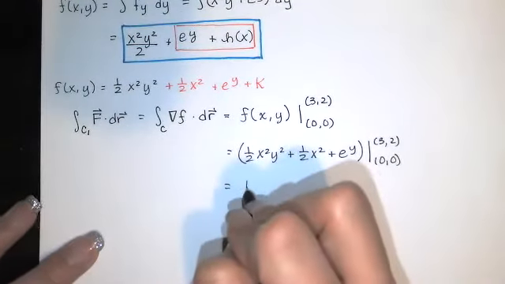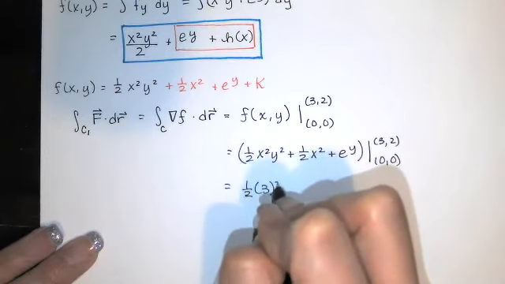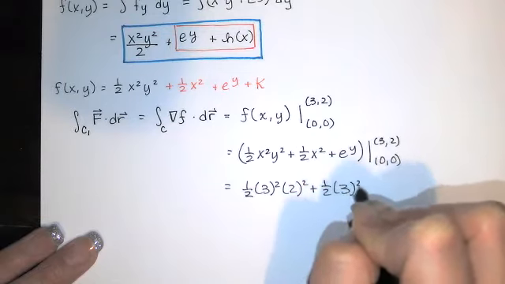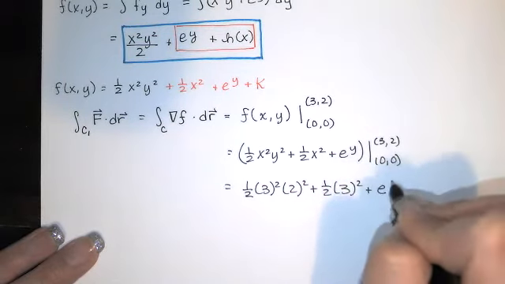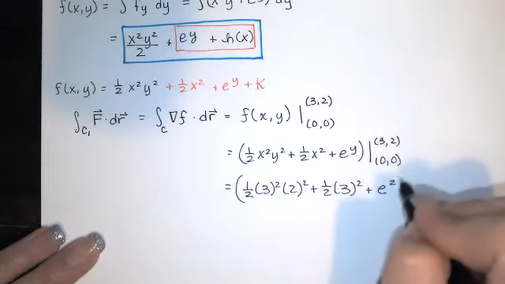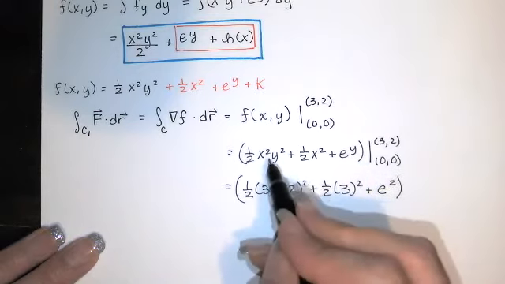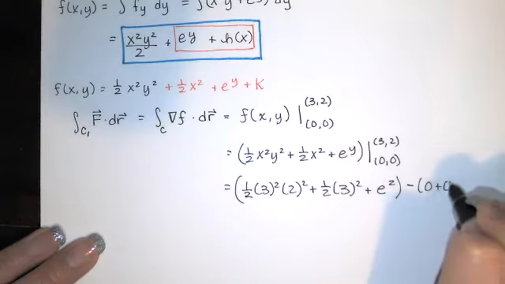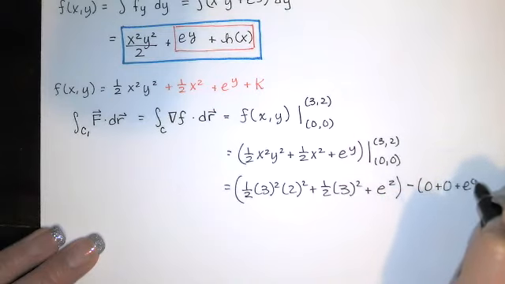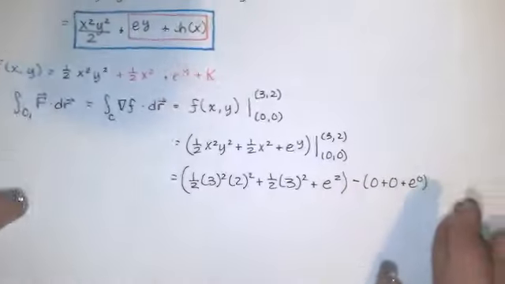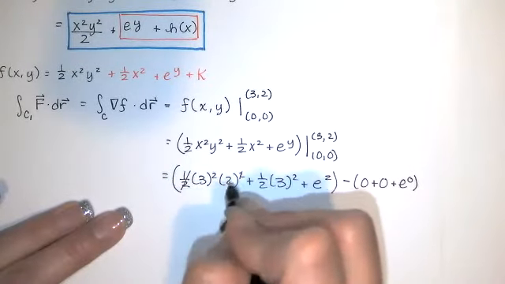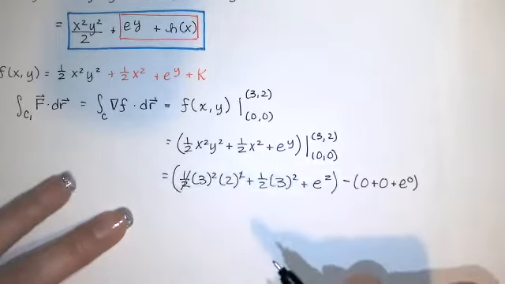So at (3, 2), let's see, what do we get? 1/2 times 3 squared times 2 squared, plus 1/2 times 3 squared, plus e to the y, so that's e squared. And then when x and y are both 0, we get 0 plus e to the y. And e to the y is e to the 0, so that's 1. Okay, one of those 2's reduces with that 1/2.